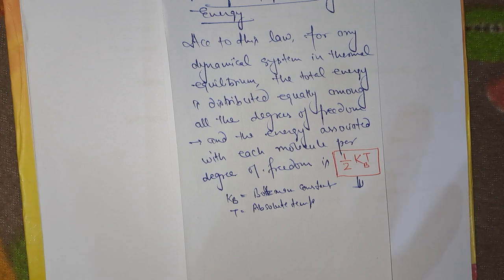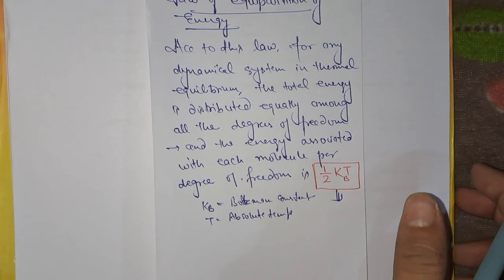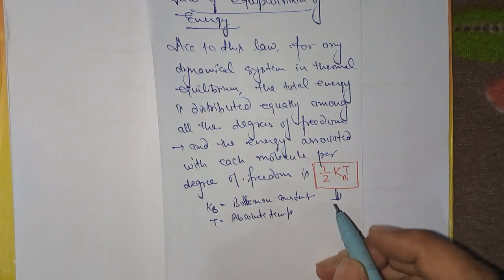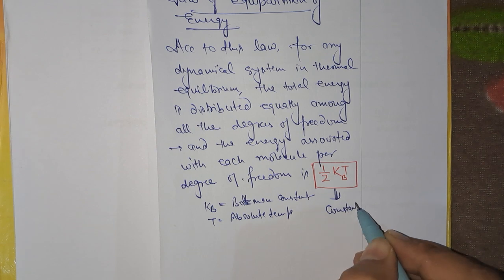So kB is also constant, absolute temperature is also constant, hence the value of energy of the system is always constant.